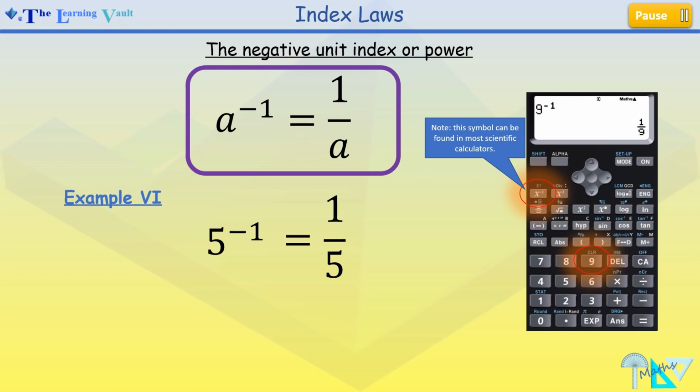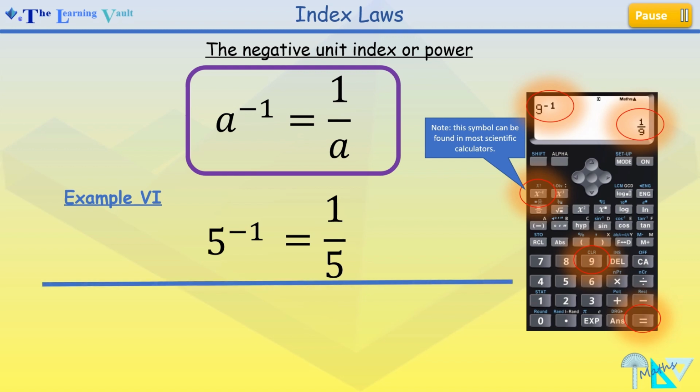This displays 9 to the power of -1. Now press the equal sign and we'll get 1 over 9. One other demonstration is if we're given 1/8, we know to write it in index form as 8 to the power of -1.